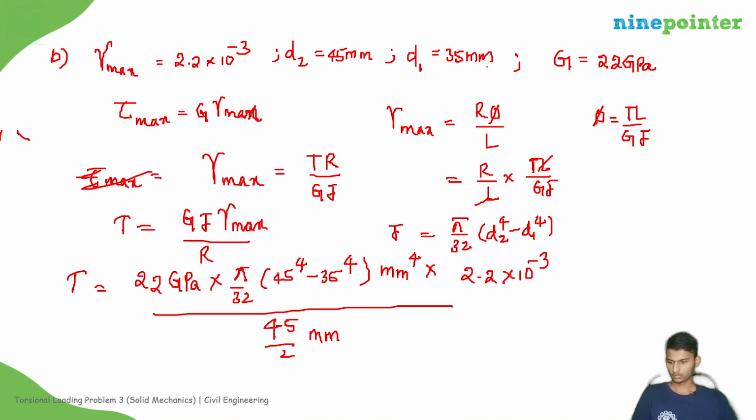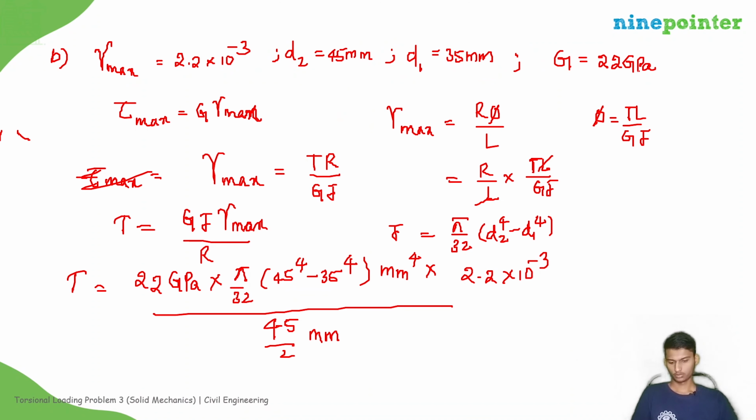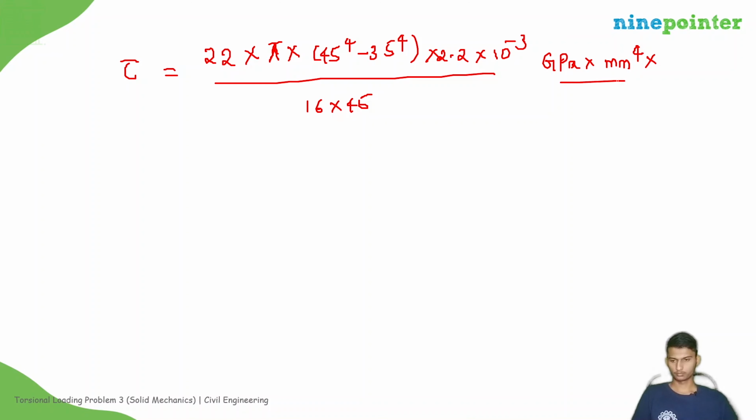Divided by 32, meaning 16 into 45. The units are gigapascal into mm power 4, divided by mm. Okay, now let us calculate the value.